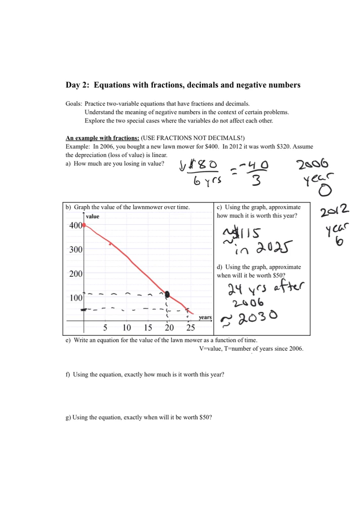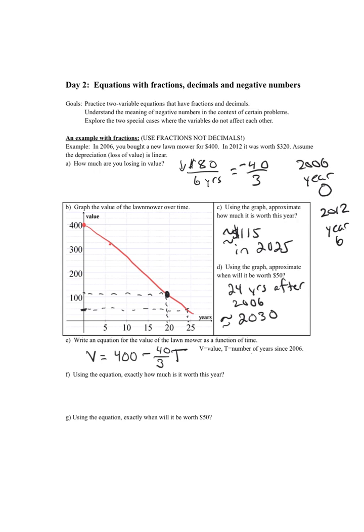Now let's get into the equation. So the equation would be the value V would be equal to 400 minus 40 thirds T, because it starts out at 400 and then it's losing $40 every 3 years.